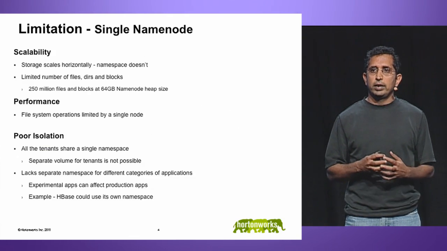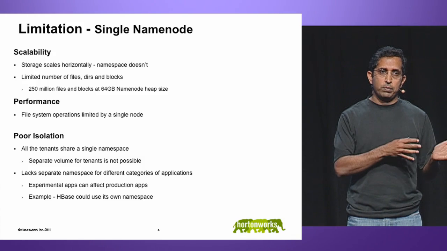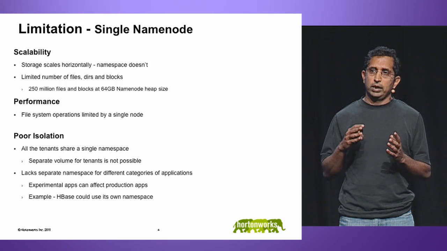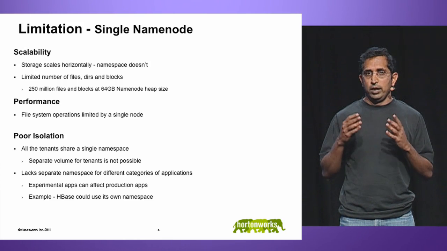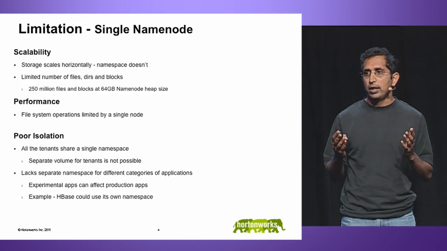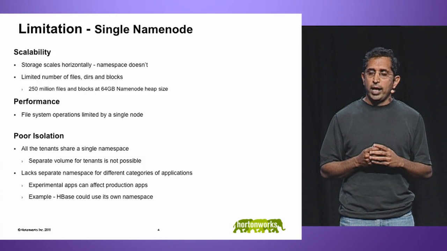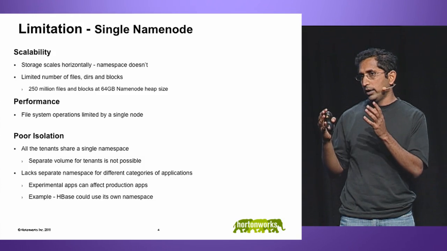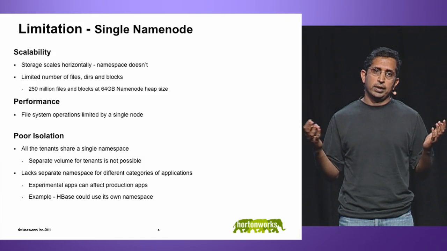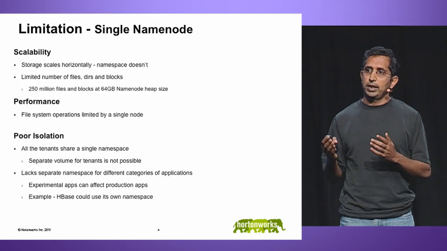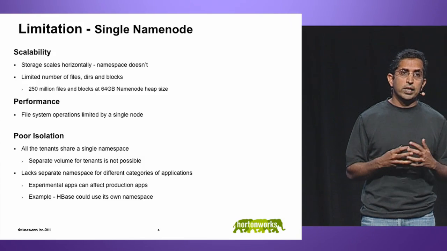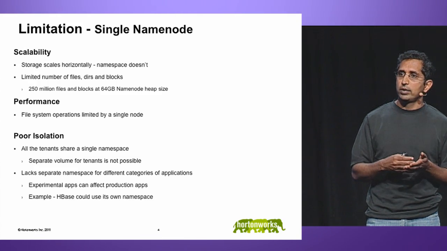Okay. So with this background, let's look at some of the limitations in the architecture. The first limitation is that there is a single name node. The entire file system of many thousand data nodes has a single name node. Though you can scale the cluster storage by adding more data nodes into the cluster, the namespace cannot scale beyond a single name node. So whatever a single name node supports, that's the size of the namespace you have. This results in a limitation on the number of files and blocks.